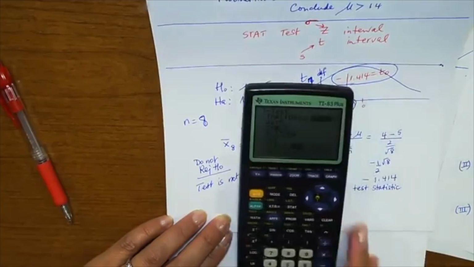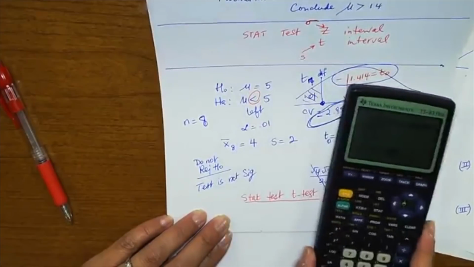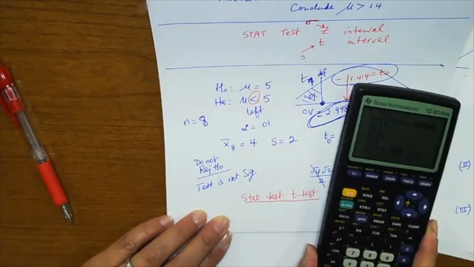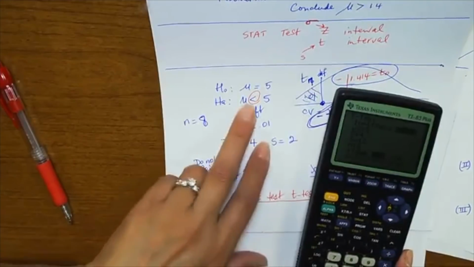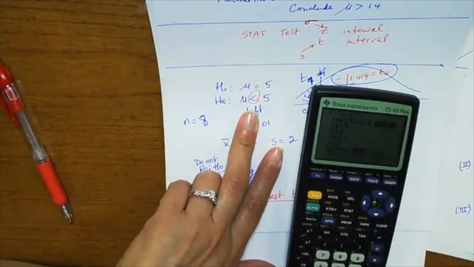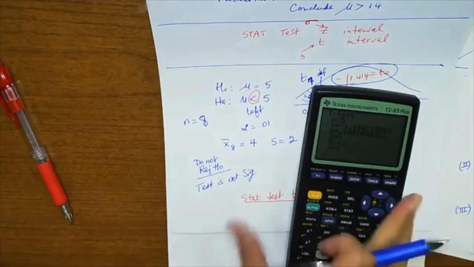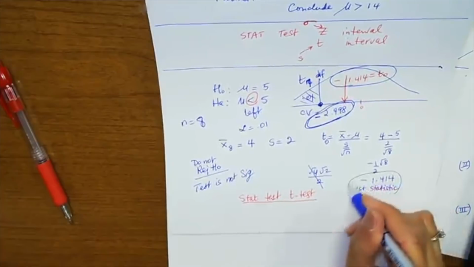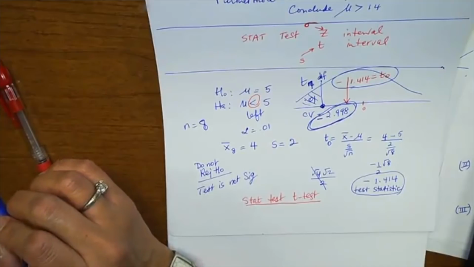X bar equals 4. S equals 2. N equals 8. And the test cited, so please pick the second option. Calculate. Minus 1.414. So I just go and drop that. Are you with me or no?